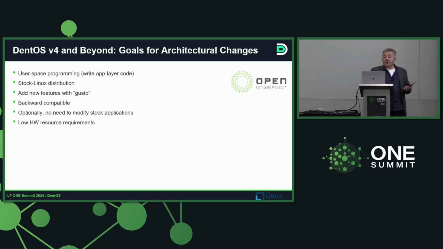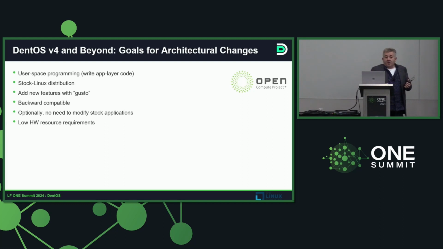Whereas when you're updating the application, implementing features in the application, there's no guarantee that your application is going to work on the next version of the Linux distribution. It's just the nature of the beast. Both approaches have pluses and minuses.